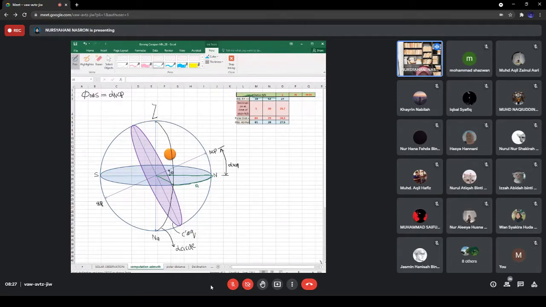Adjusted altitude, or we simply say altitude, is the angular distance from the horizon to the celestial body along the altitude circle. This is altitude.